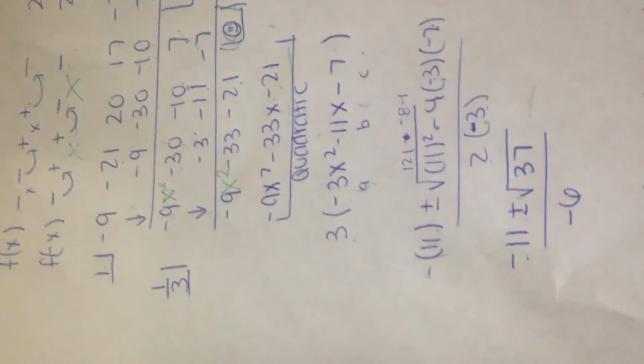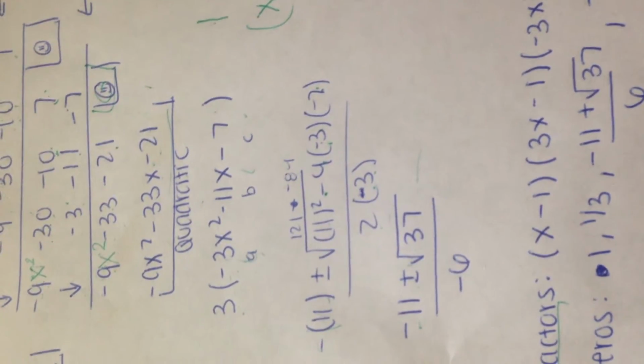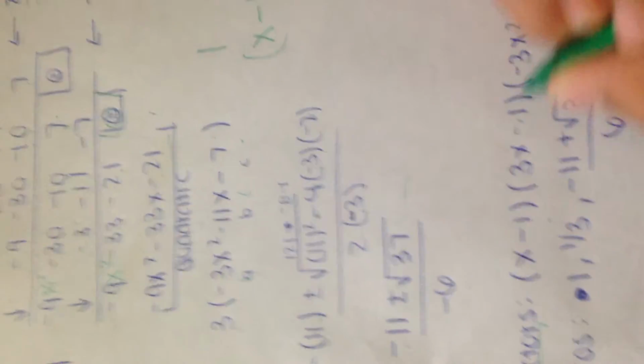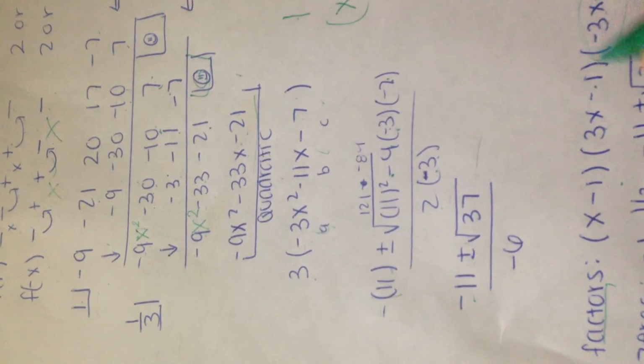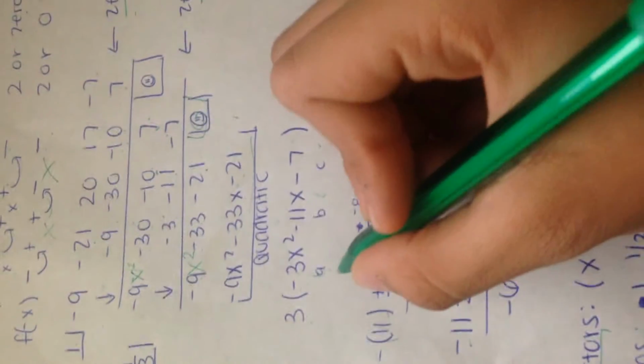And 1/3, so 3x minus 1. Our factors would be x minus 1, 3x minus 1, and 3x squared minus 11x minus 7. We got this equation right here from right here.